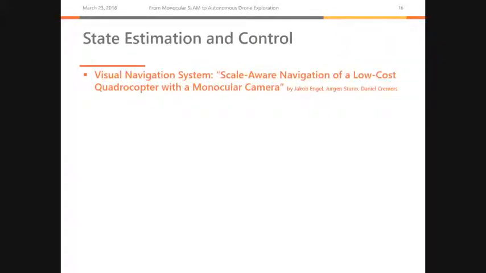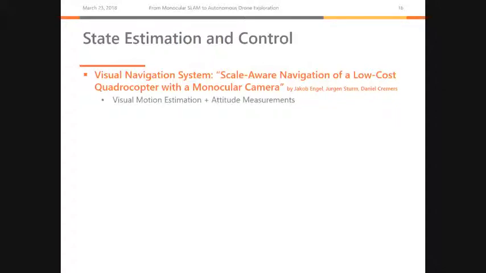For navigation, they use one of the previous works, called scalable navigation of a low-cost quadcopter with a monocular camera, which also uses a Parrot. They have an autonomous drone in some part of the room, and when any force changes the position of the drone, it automatically comes back to where it was.